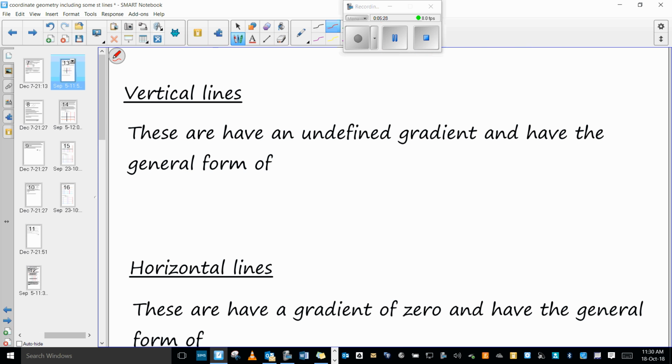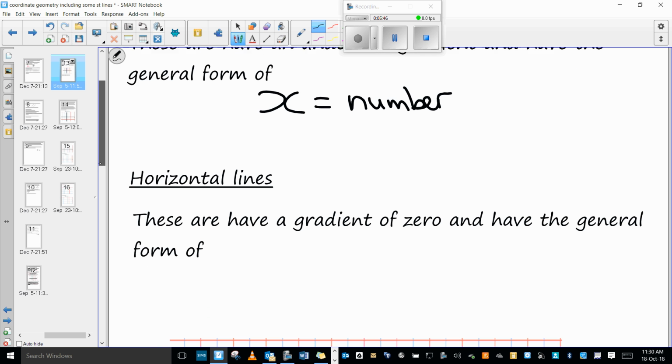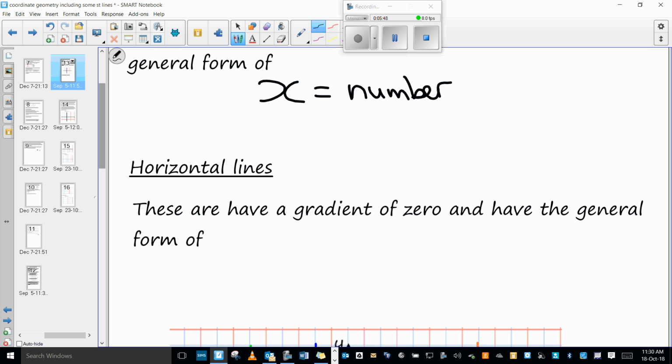Vertical lines have an undefined gradient and they have the general form of x equals a number. Horizontal lines have a gradient of 0 and have a general form of y equals a number. So x equals a number and y equals a number.